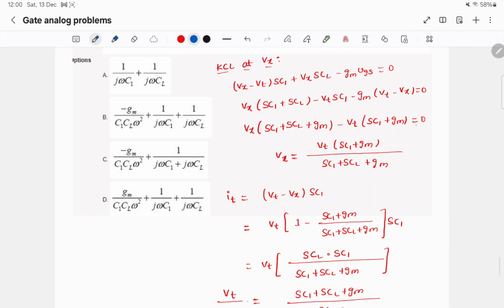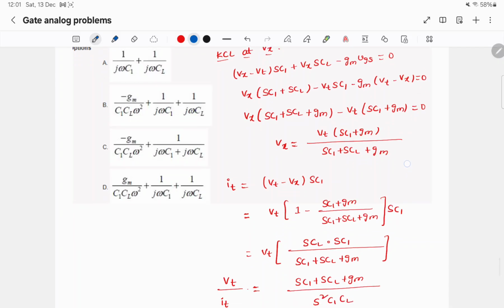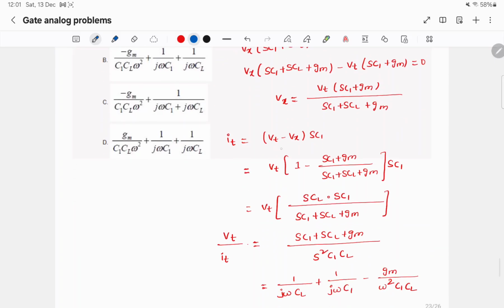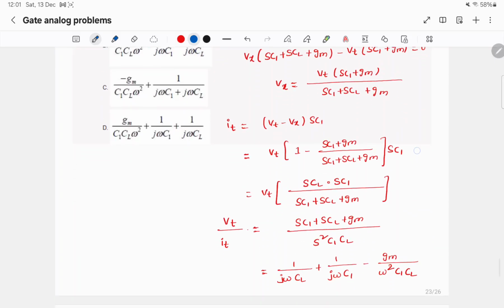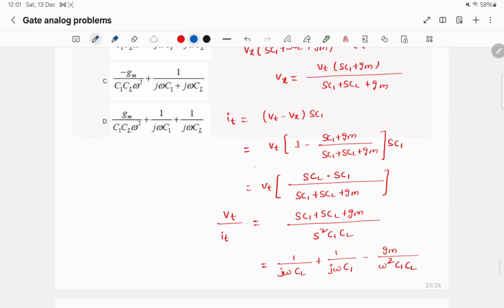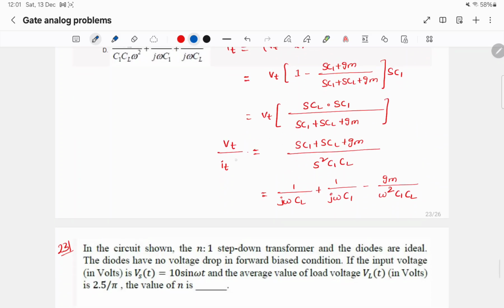If we group the terms and simplify this, Vx will come out to be Vt into SC1 plus Gm by SC1 plus SCL plus Gm, and we know that It is Vt minus Vx into SC1. If we put the values here and simplify, we'll get Vt by It as SC1 plus SCL plus Gm by S square C1 CL.